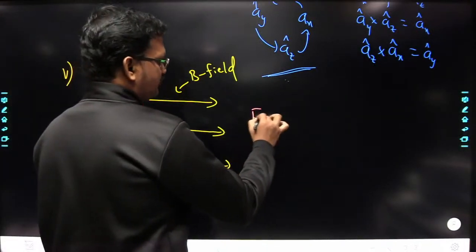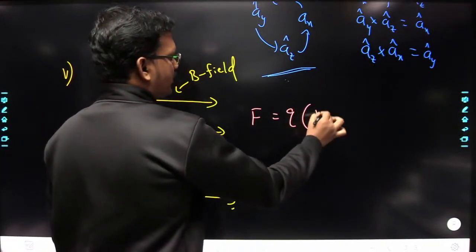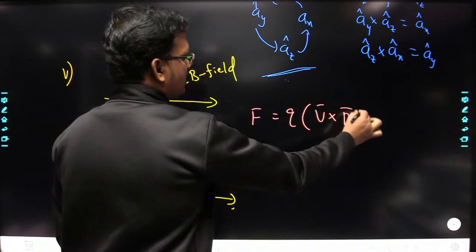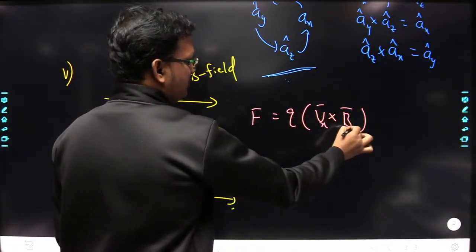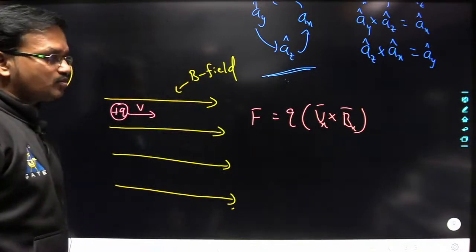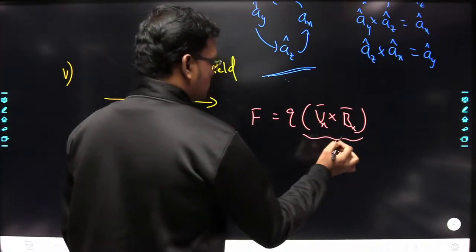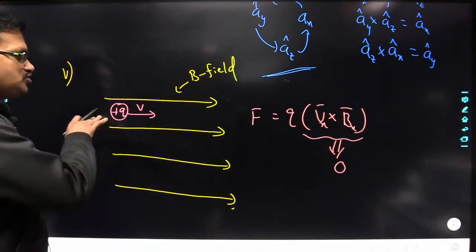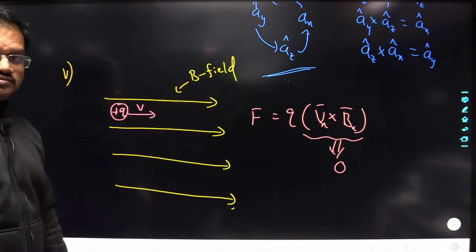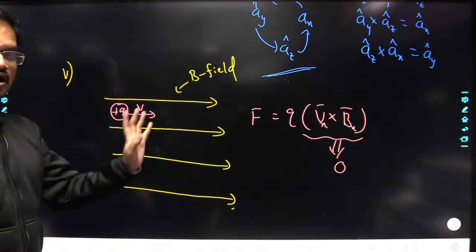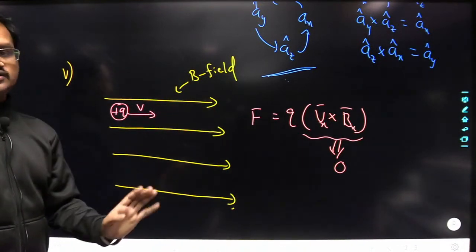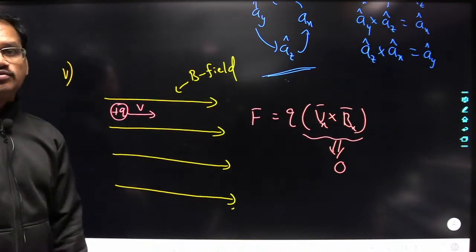F is equal to q into v bar cross B bar. Velocity is in x direction, B field is also in x direction. So both are in x direction, which means the force it is going to experience is equal to 0. So it continues to move in the same direction. Whether it is plus q or minus q, it is not going to experience any force.